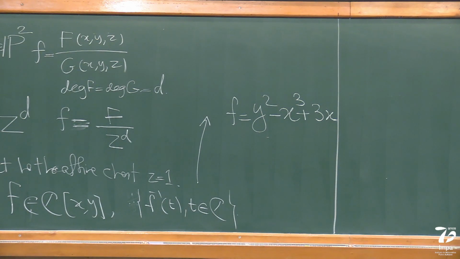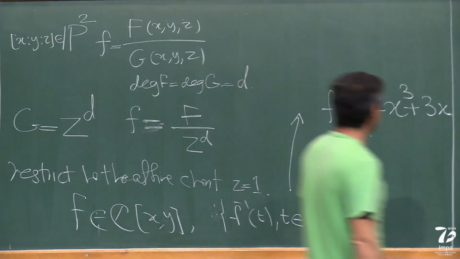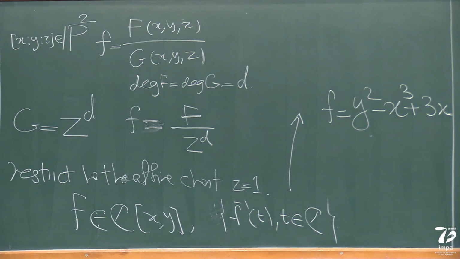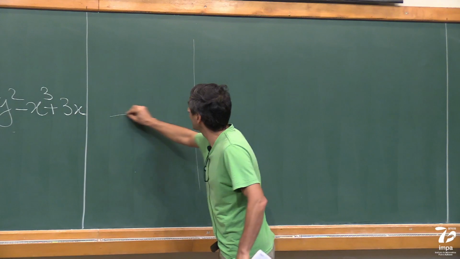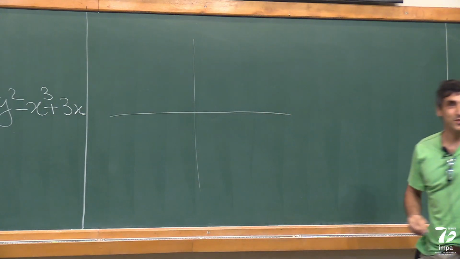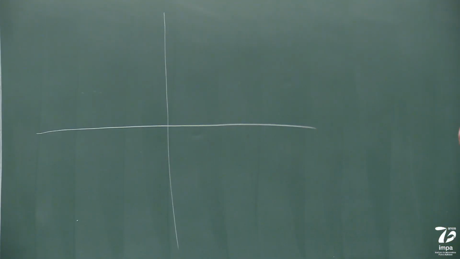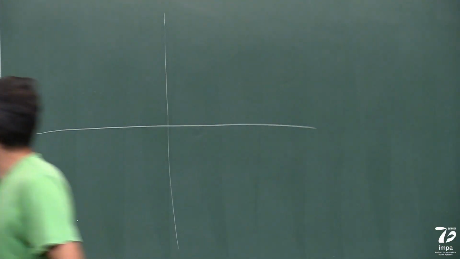If you have never made pictures of the level sets of a polynomial, maybe you try this one. If you have already downloaded GeoGebra on your iPhone, just put it in.